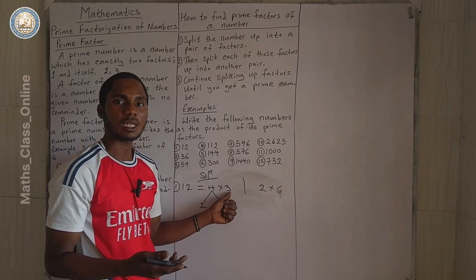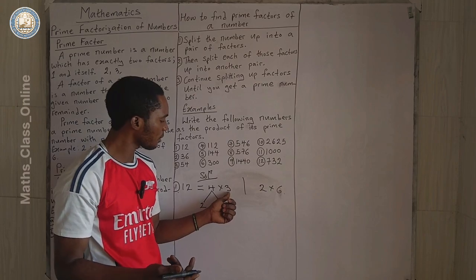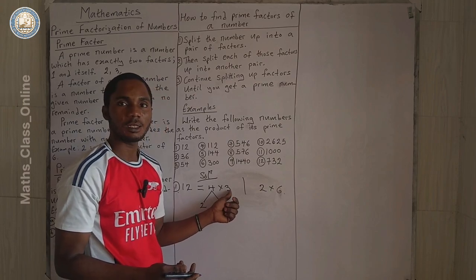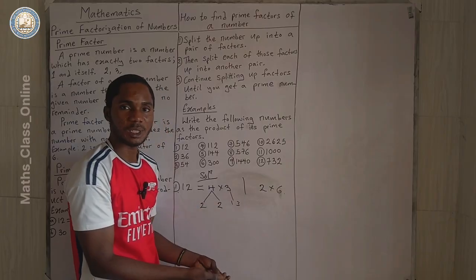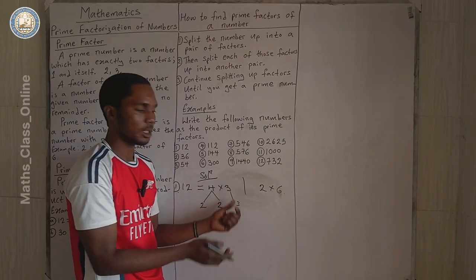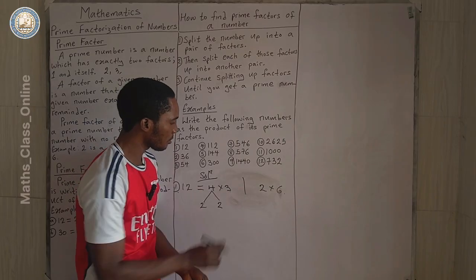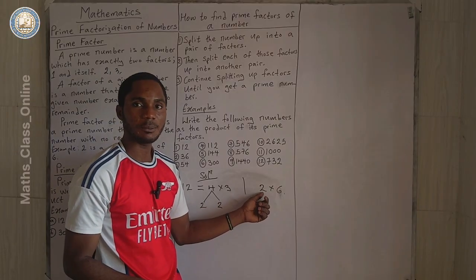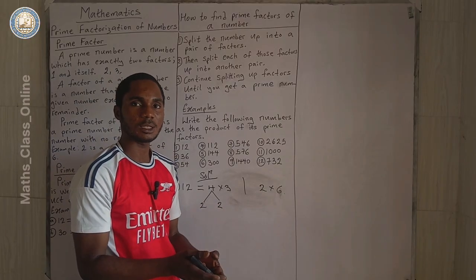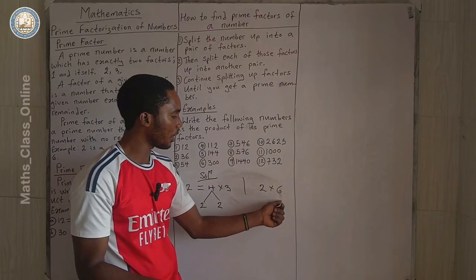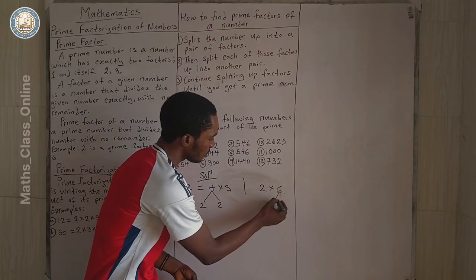Do we have any two numbers that if we multiply them together, we have 3? That is only 1 and 3. That means 3 is a prime number. We don't have to split this. 2 is a prime number. We don't have to split this. 6. Do we have any two numbers that if we multiply them together, we have 6? That is 2 and 3.